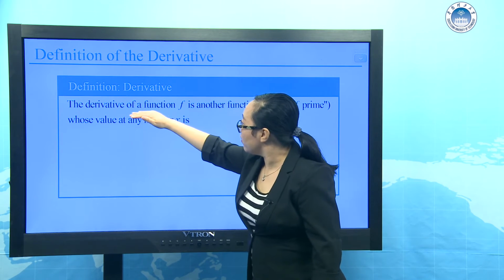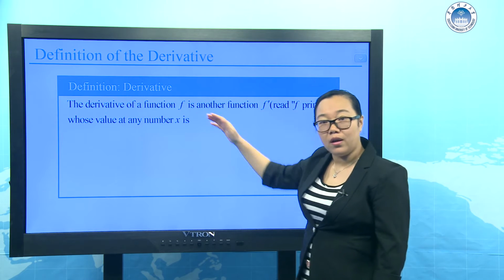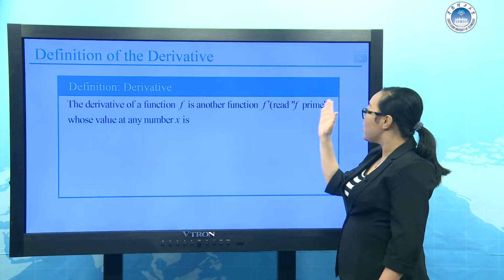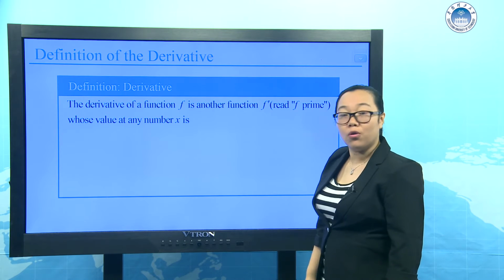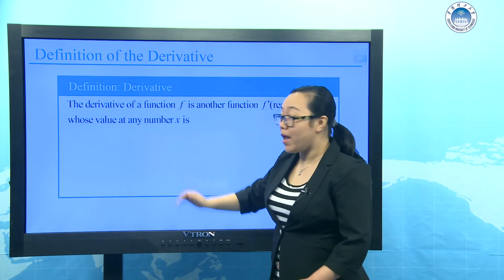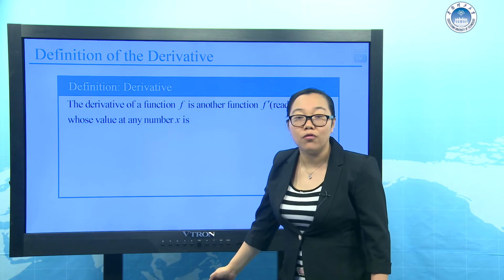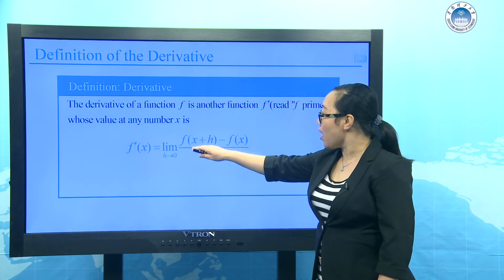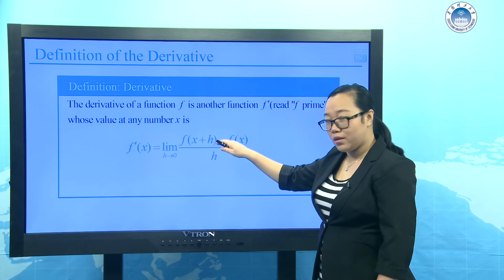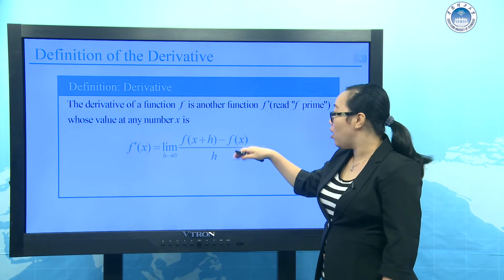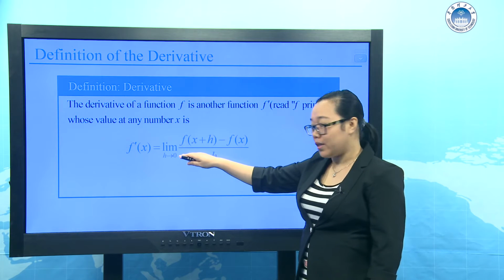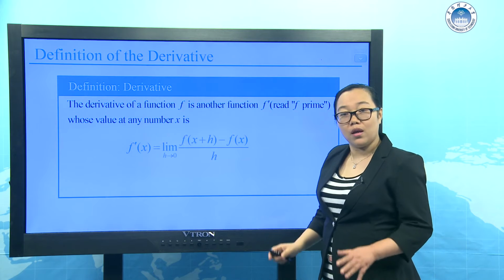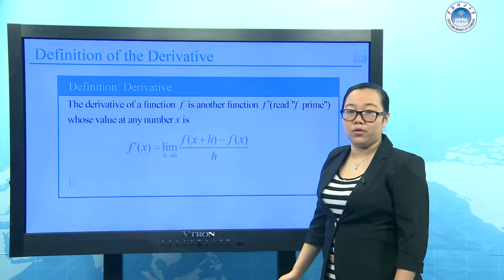The derivative of a function f is another function f prime, read as f prime, whose value at any number x is given as follows: f prime of x equals the limit of f(x plus h) minus f(x) over h, where the condition is h tends to 0. Pay attention that h is our changeable variable.